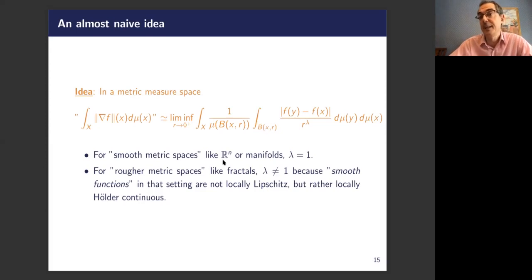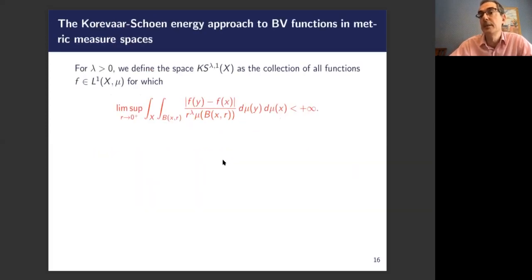So this naive idea can be formalized by introducing a scale of spaces, which is well defined on general metric measure spaces, called the Korevaar spaces, and which are a family of spaces defined using this double integral, which is called the L1 Korevaar energy of the function.